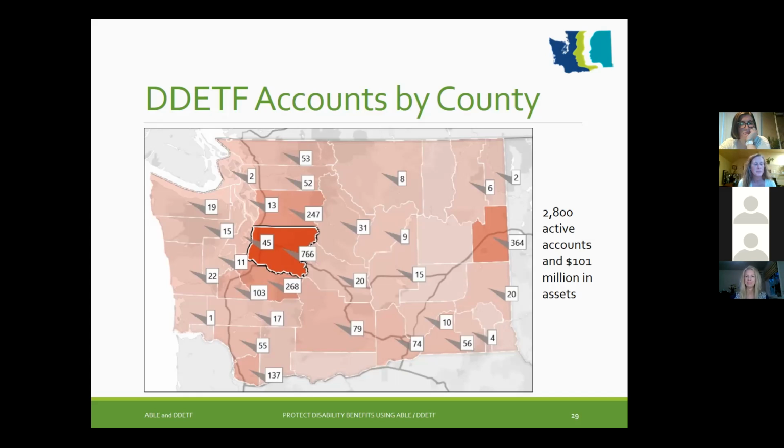The I-5 corridor is where most of the enrollments are centered around, with Spokane being another good hotspot for enrollments. As you can see, top 5, you have double and ABLE. So folks have been choosing ABLE over the special needs trust recently, but nonetheless, still strong enrollments throughout the state and Whatcom County.